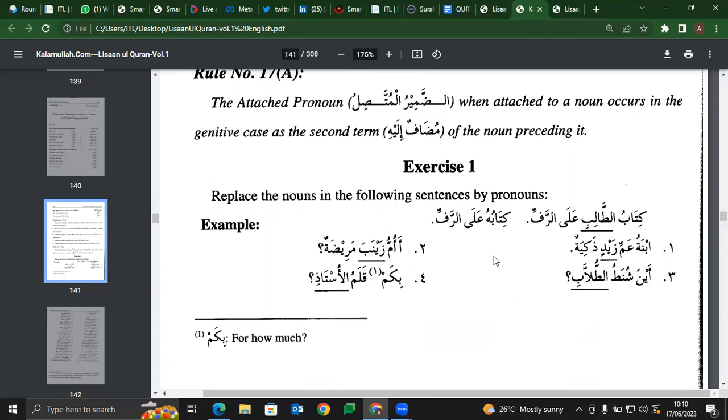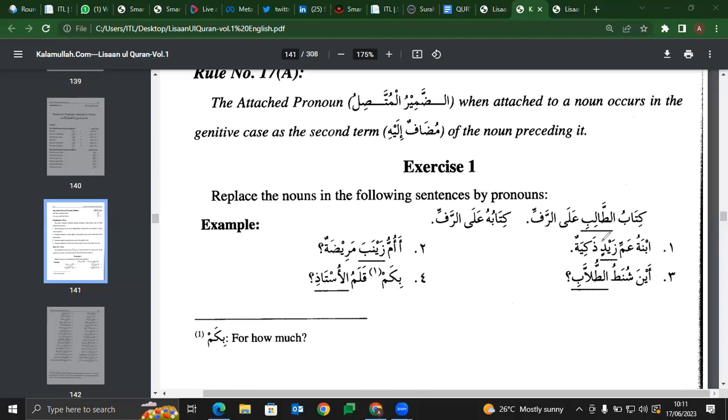Ibnatu is the mudaf, and Zaidin is the mudaf ilayhi, right? So Ibnatu Ammi, let's do Zaidin.